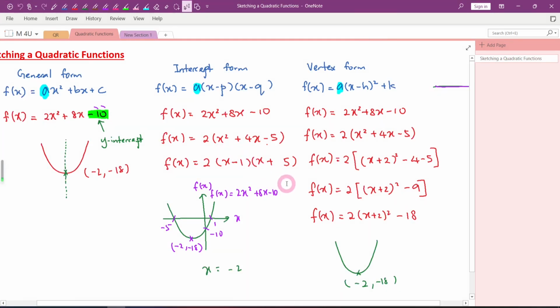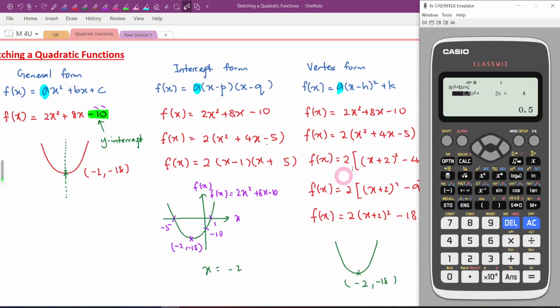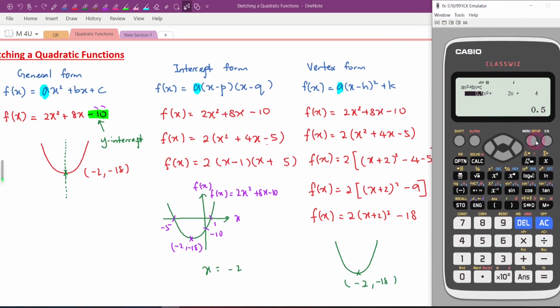Okay, now how do we use our calculator to help us get this information? Let's take our calculator. Let me key it in again. Press menu, search for equation using the arrow key. Press equal, polynomial. Now this is a quadratic function, right? So the highest power is 2, choose 2.